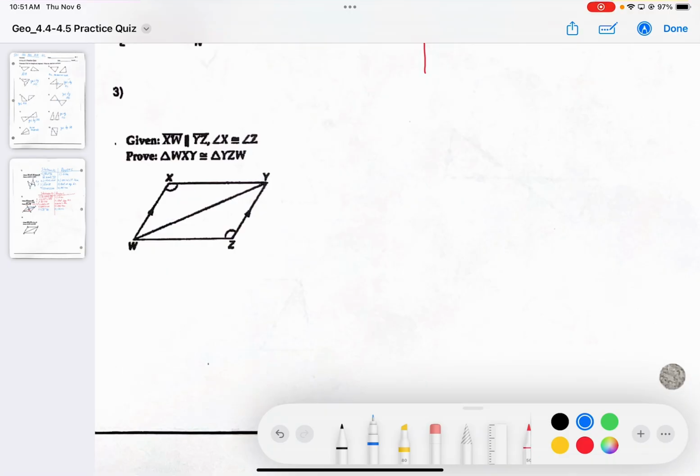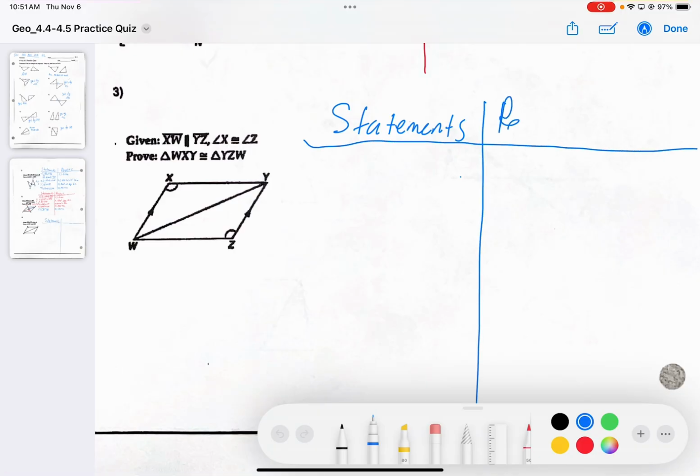Let's do the last one, number 3. Okay. Very pixelated, but that's all right. We can overcome. What am I doing first? XW parallel to YZ.